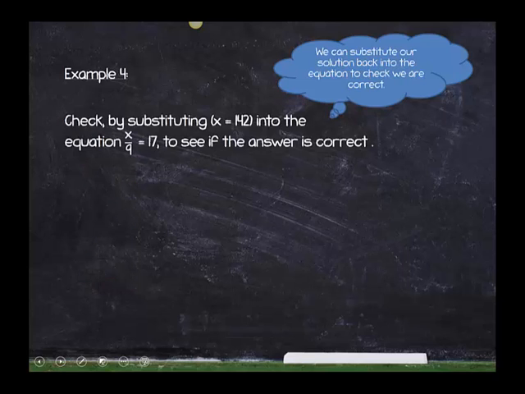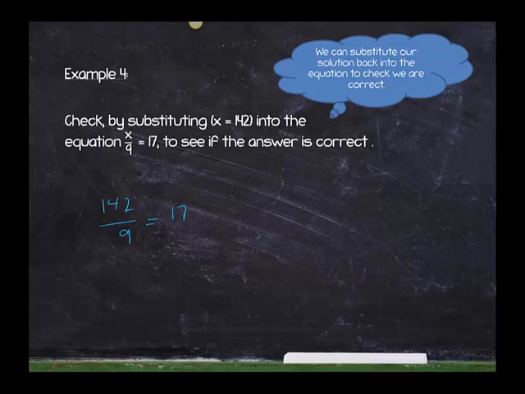Check by substitution. x equals 142 into the equation x over 9 equals 17 to see if the answer is correct. So this is what I've been doing verbally, checking each of my equations to make sure they're in fact correct. So we'll put 142 where we see x. So we've got 142 over 9 and both sides should equal.